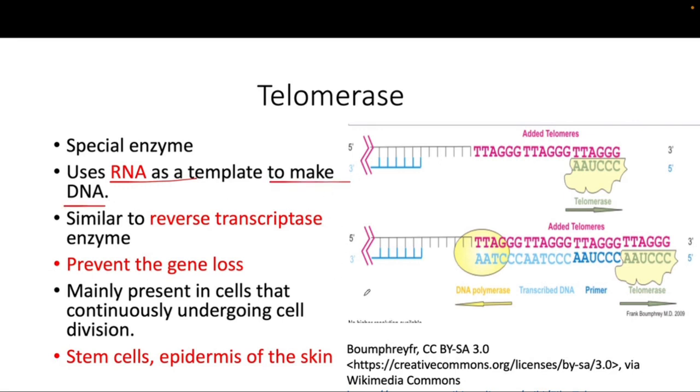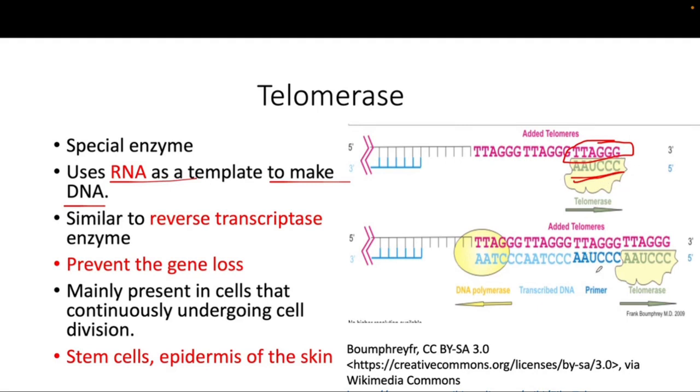Okay, and I will explain how this happens. So here on the right side of the image, let's say this is the TTAGGG. This is the telomere, and the yellow is the telomerase enzyme. It has an RNA as a template, as I mentioned, which is AAUCCC. It uses this RNA as a template to make the new DNA.